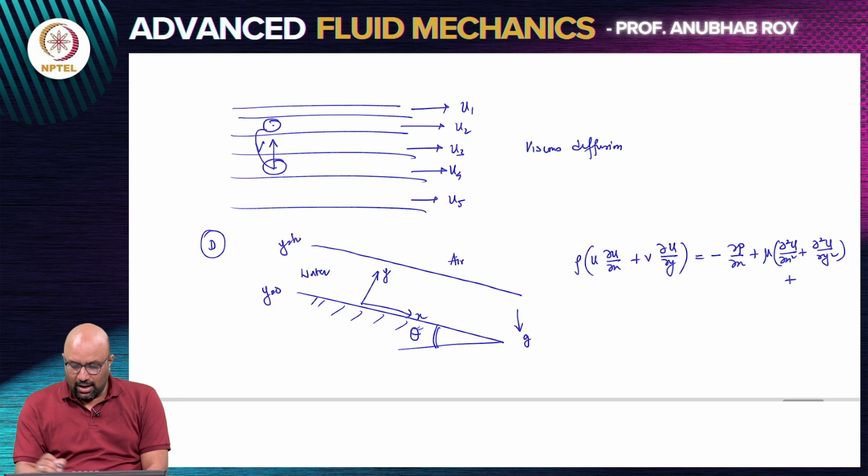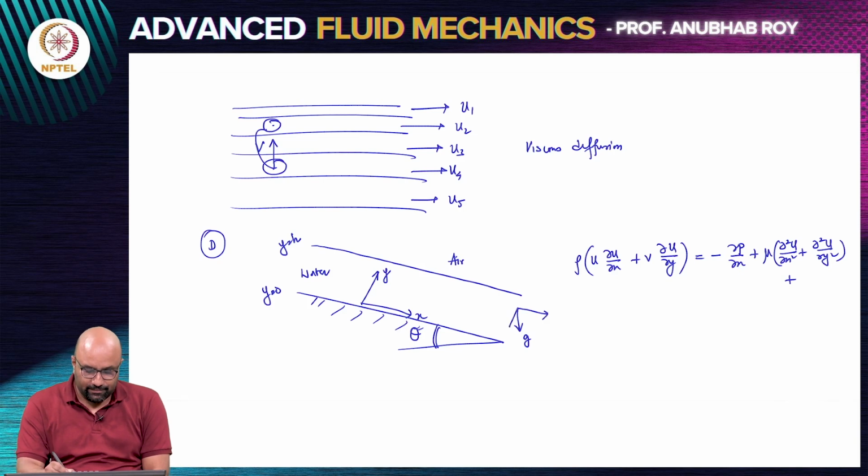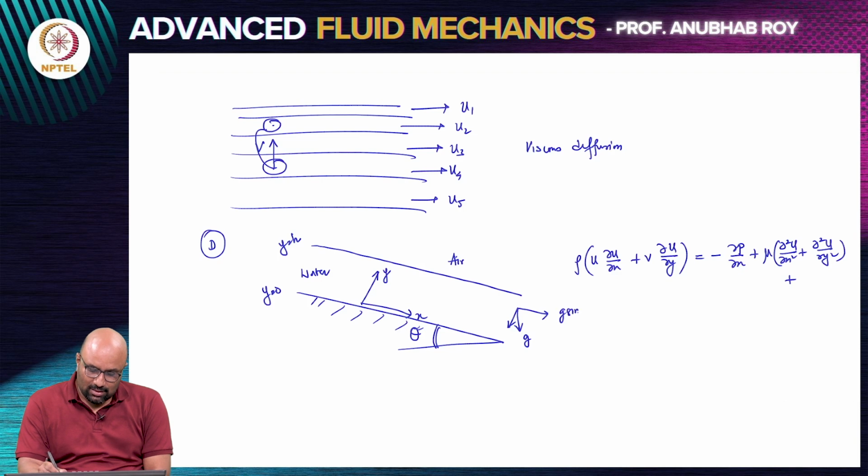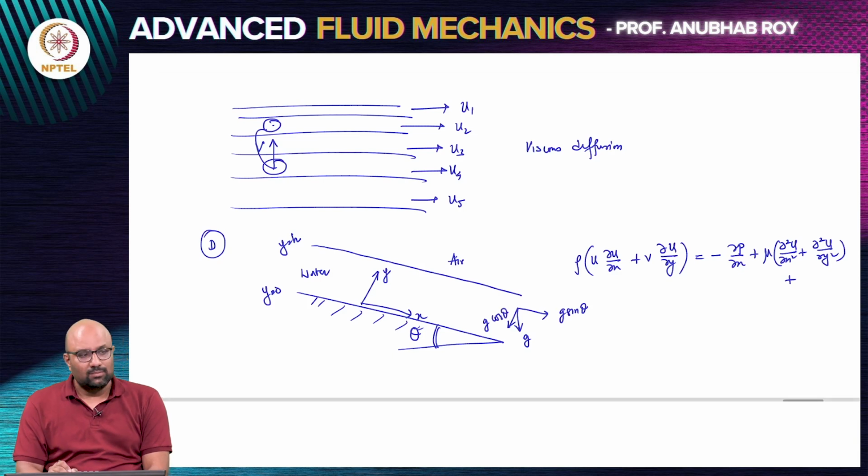So now in this particular coordinate system, there is a body force in x direction, because g, if you were to resolve, there is a g sin theta which is along the x direction and g cosine theta which is pointing in the negative y direction.